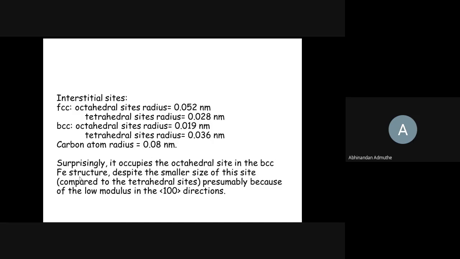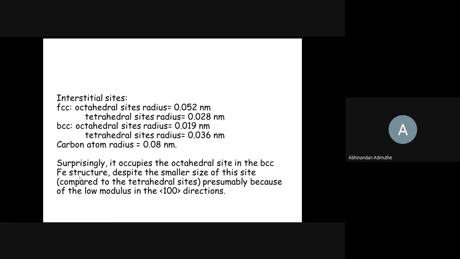So in FCC, it occupies the octahedral site, because 0.052 space is sufficient. A small distortion is present in the octahedral site, but the system is always looking for lower energy, so it prefers the octahedral site because it is 0.052.